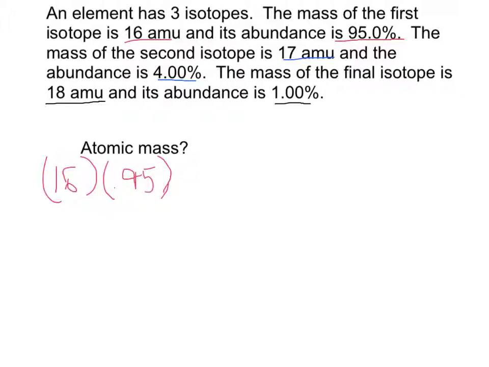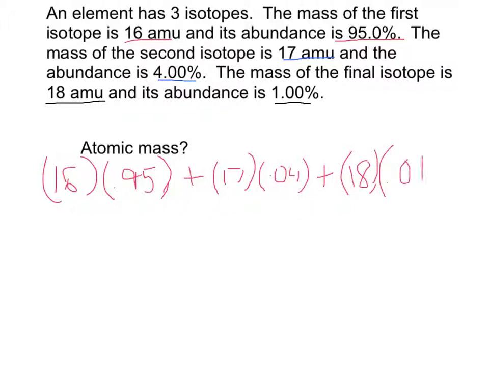So this is the first one, plus same information for the second one. 17 is the mass, and our abundance is 4%, so that's going to be 0.04. And same info for the third one. 18 is the mass, and our abundance is 1% for that one, so 0.01.